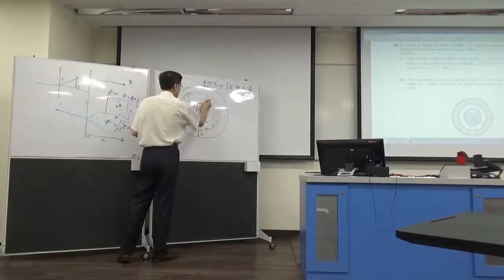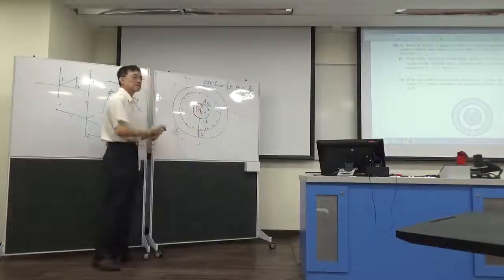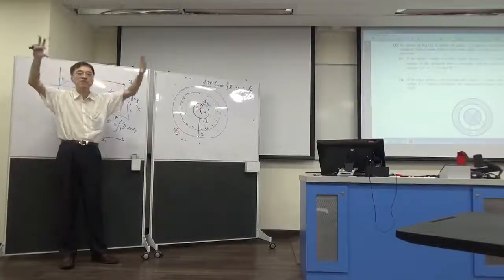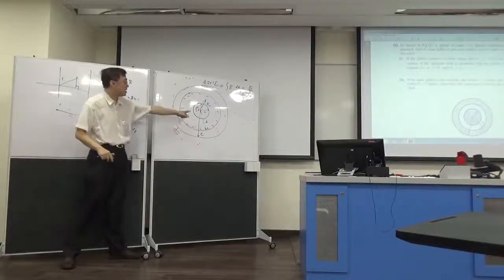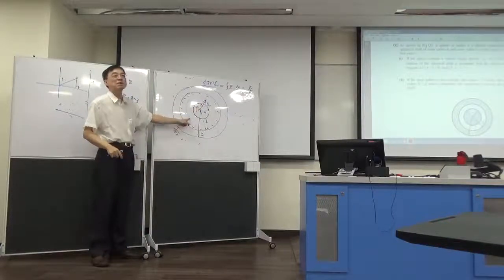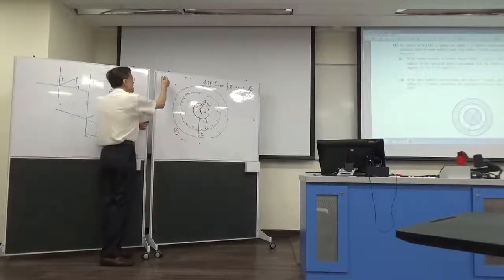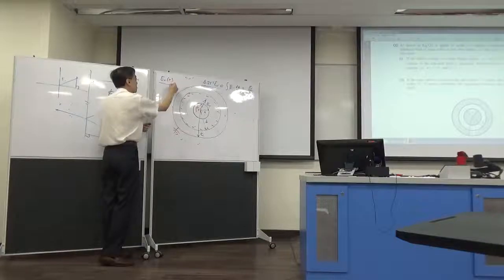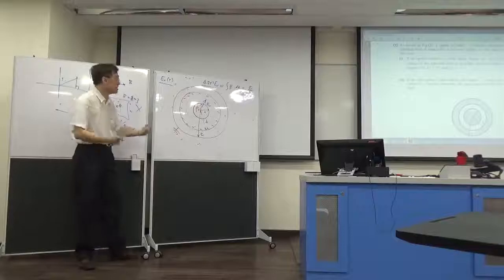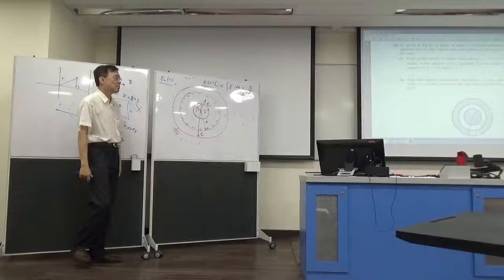The electric field will be radially outward because of symmetry, and at the same distance r, the electric field is constant, so it can multiply by the surface area 4 pi R squared.